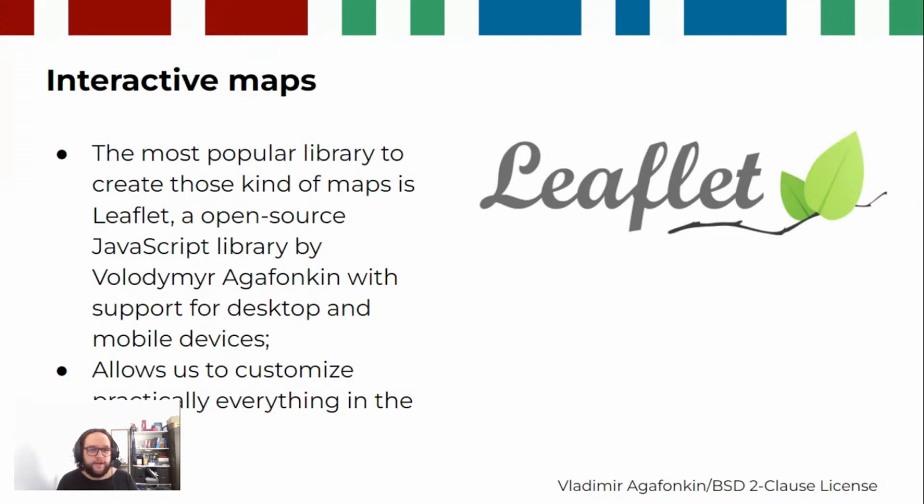It is a JavaScript library developed by Volodymyr Agafonkin, has support for desktop and mobile devices, and is the most popular library to create this kind of maps, and allows us to customize practically everything in the map. You can customize the marker, the elements shown in the map, and it's a very powerful tool to use.